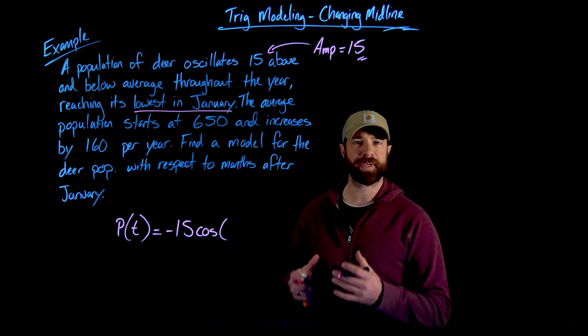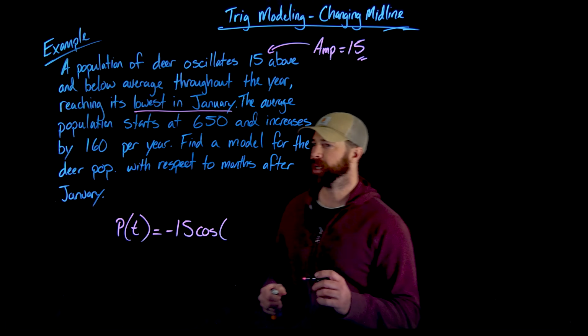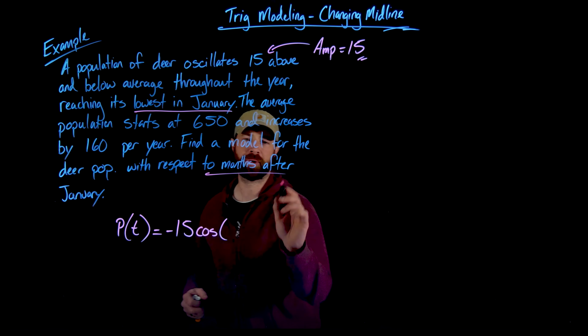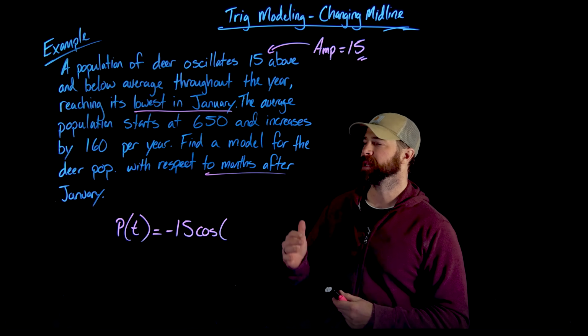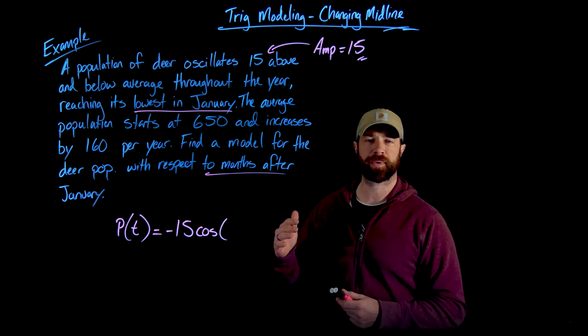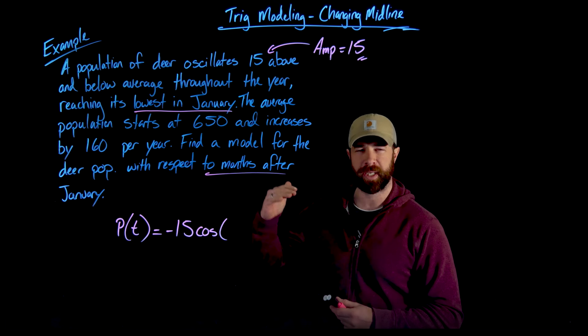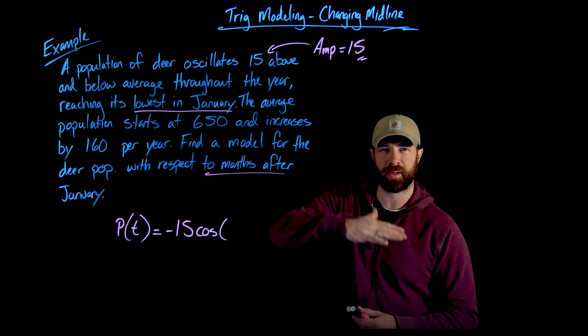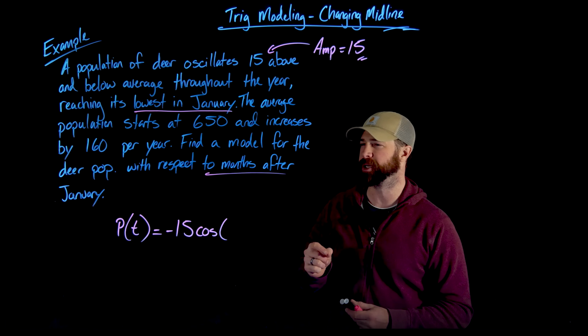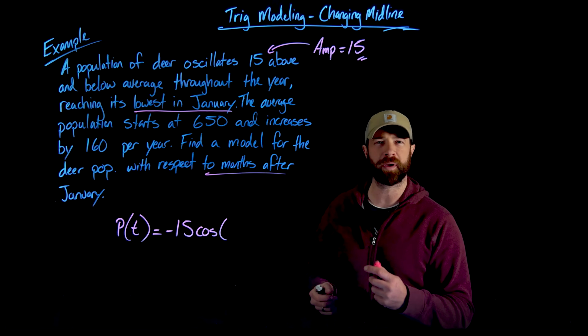Now we need to tackle the period of this function. Importantly, we're talking about an input of months, and it seems rational given the information we have that this wants to complete one cycle per year. So it's at its lowest in January, reaches some peak sometime in the summer, and then goes back down in the fall, back to its lowest in January. So we want the period to be one full year.